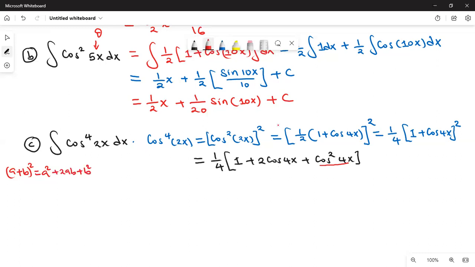Cosine squared of 4x, so this will be 1 over 4, 1 plus 2 cos 4x plus, let's square cosine of 4x. That will give us 1 over 2 into 1 plus cosine of 8x.